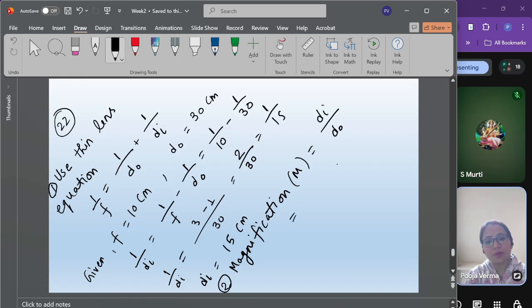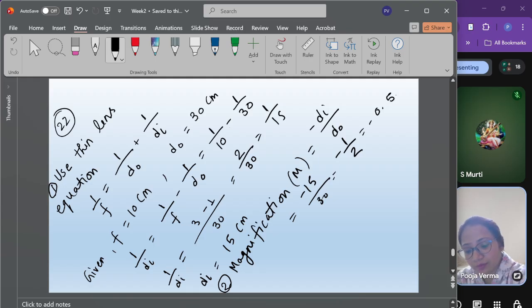The image will form on the negative side, so that's why here we will take minus of di. So minus 15 divided by d naught, which is 30 centimeter. So again minus 1 by 2, or you can say minus 0.5, right? That means the image is half the size of the object.